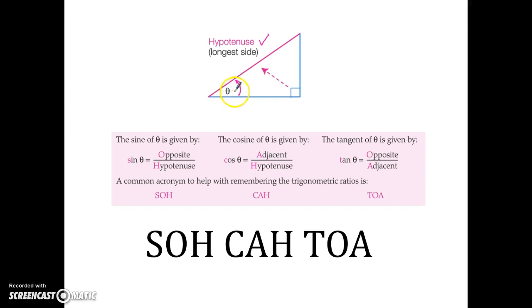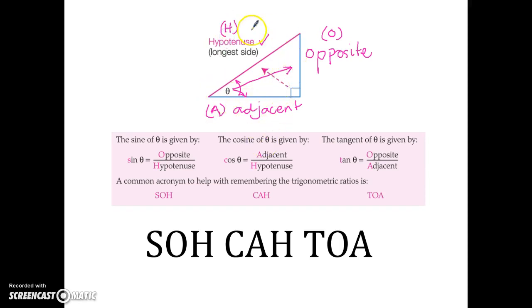The other two sides in trigonometry are known as the opposite side, which is always opposite our reference angle, and then the side next to the angle there is called the adjacent side. We shorten these sometimes just to being O, A, and H for hypotenuse.